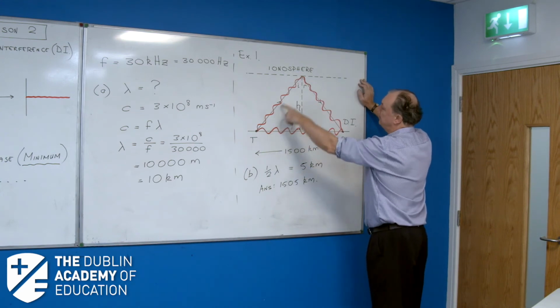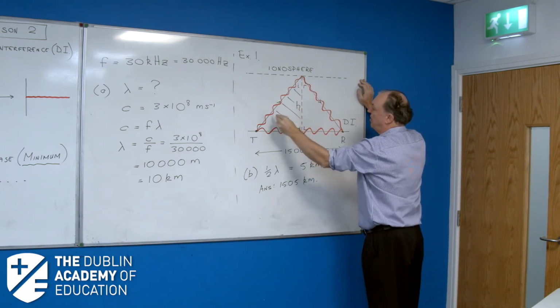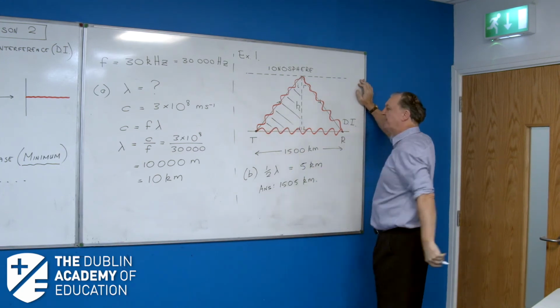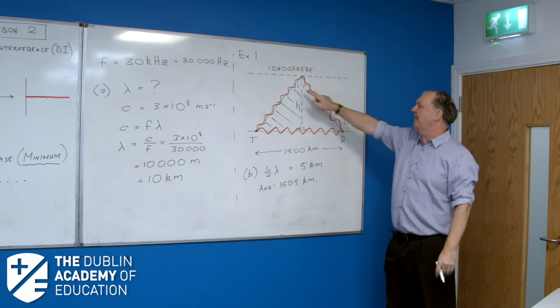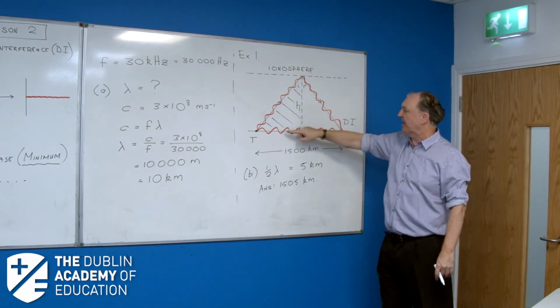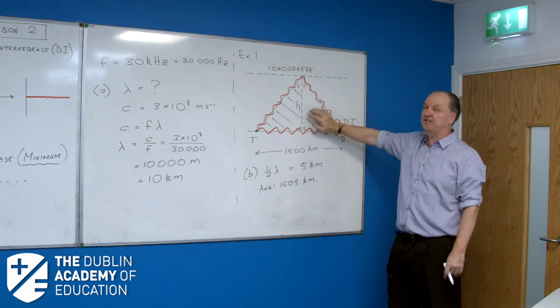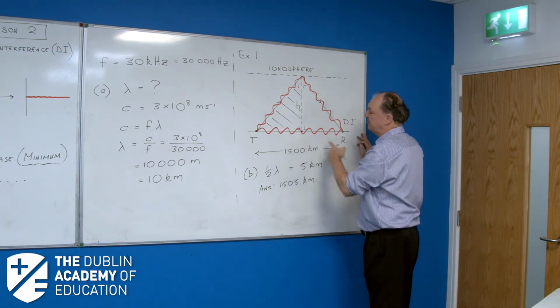I've got two right angle triangles there. I'm just going to concentrate on the one on the left to find h. The angle I is equal to the angle R. So basically that right angle triangle on the left is exactly the same as that. So this point here is the midpoint of TR.